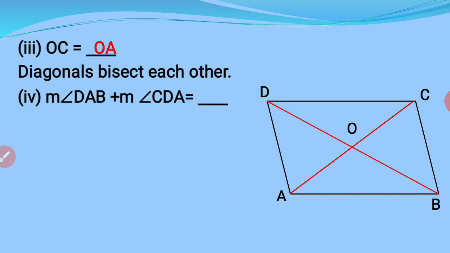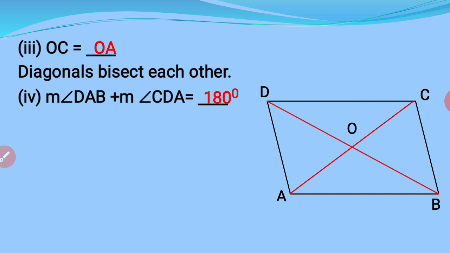Then comes the next sub question. M stands for measure of. Measure of angle DAB plus measure of angle CDA is equal to dash. So, in the blank, you are going to put it as 180 degrees.